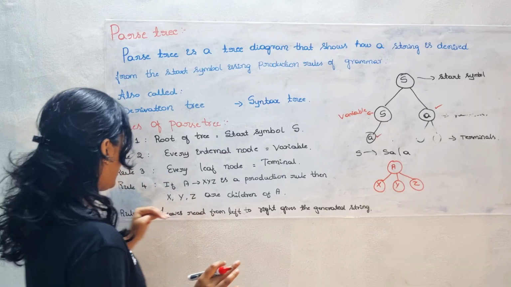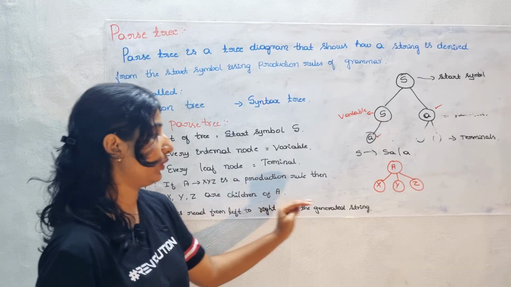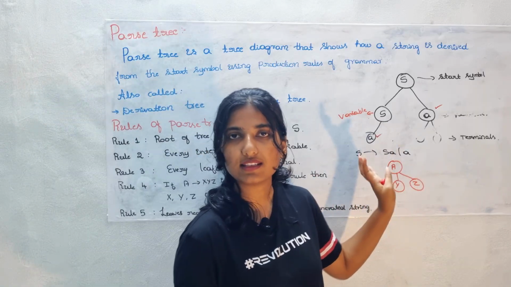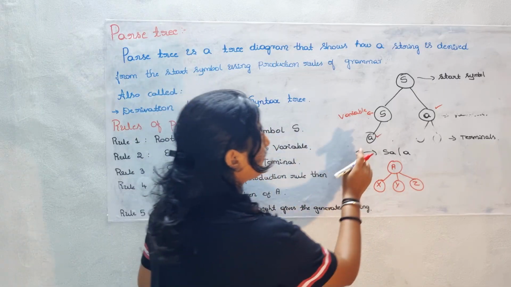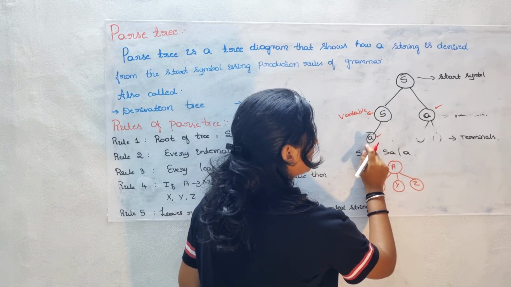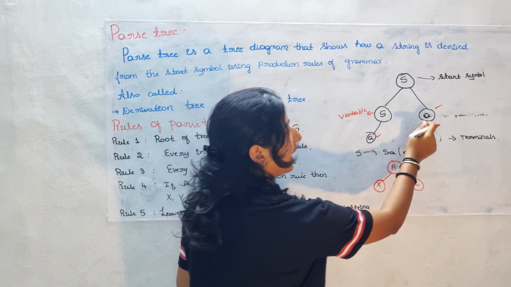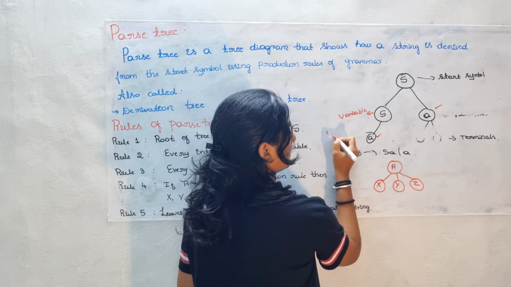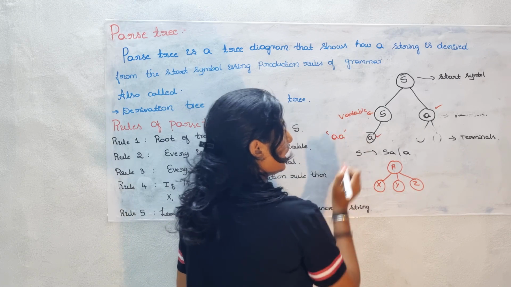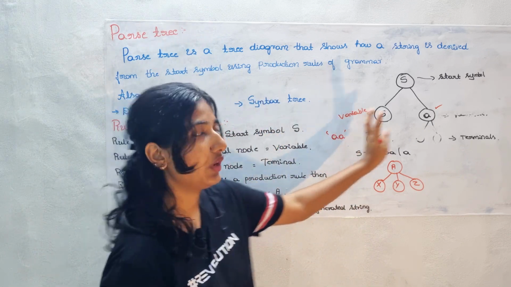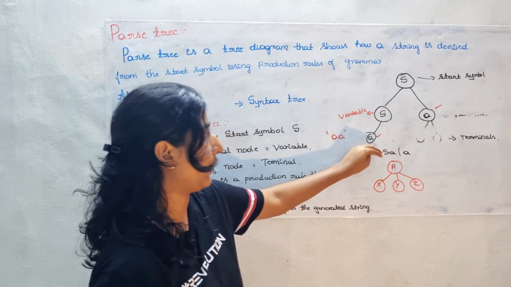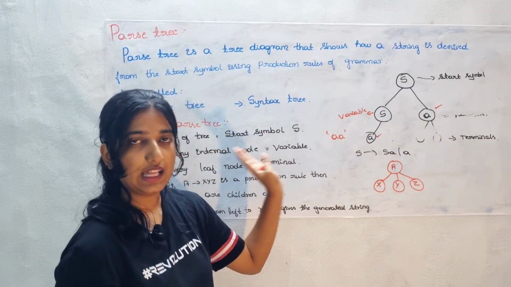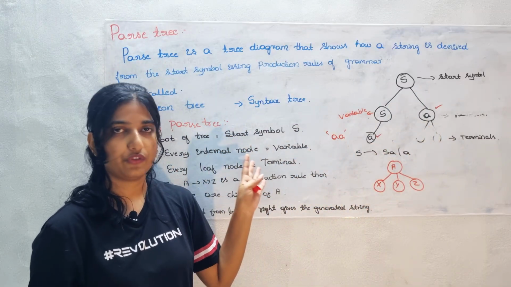And now the leaves read from left to right give the generated string. Look here, we have to read from here, A. Clear? So the generated string is A. We have to read it from left to right, so this will be the final generated string. Clear? This is the definition and rules of a parse tree.